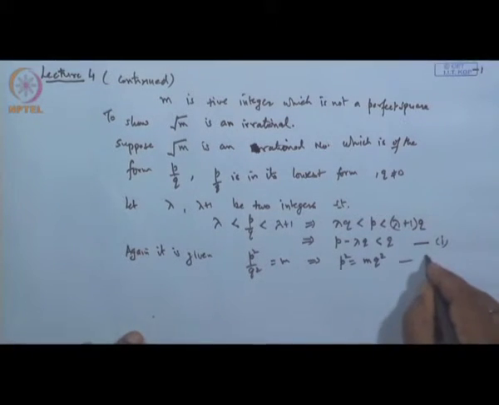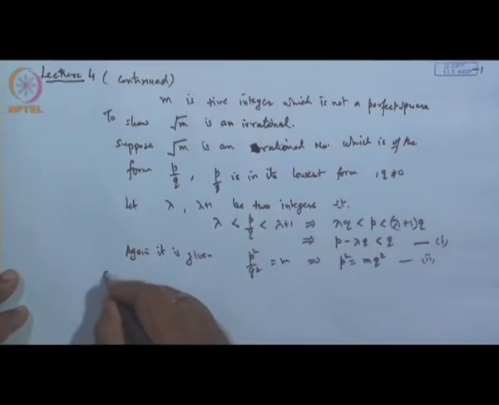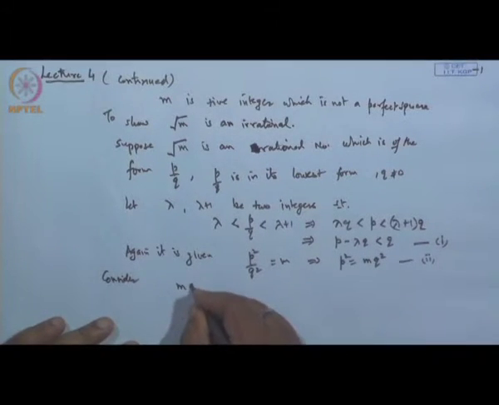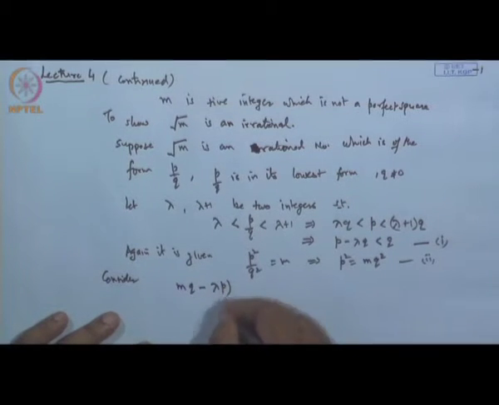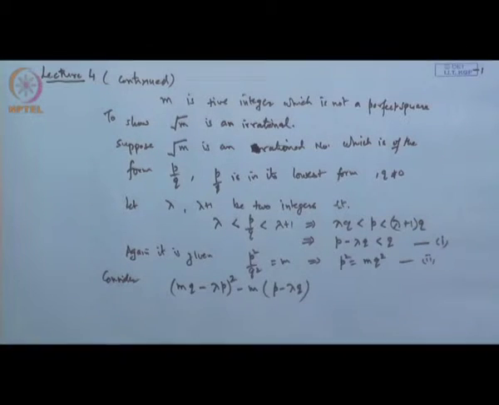Let us call this 2. Now, let us consider the expression (m q minus lambda p) whole square minus m times (p minus lambda q) whole square.